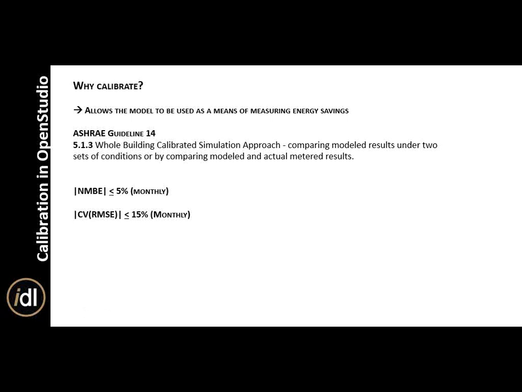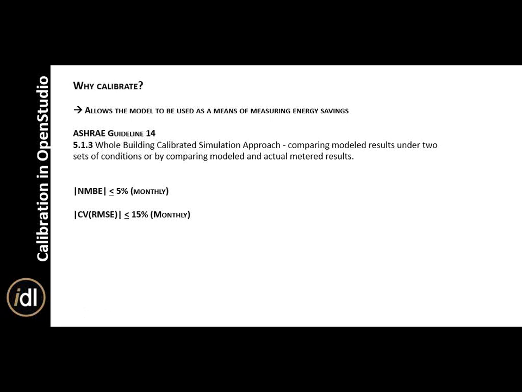Okay, so we construct this building, but we can't necessarily say we're going to save this much by switching our system or changing our set points if it doesn't actually match our building as it's currently operating.